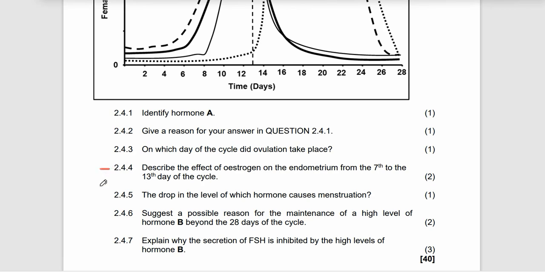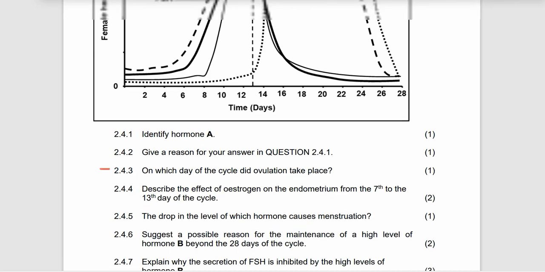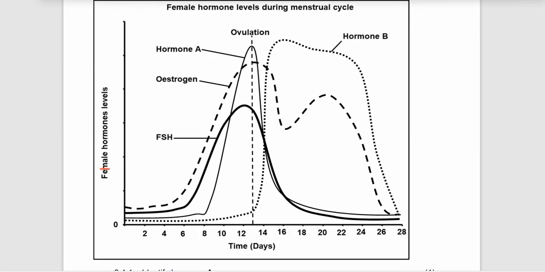Moving to 2.4.4. It says describe the effect of estrogen on the endometrium wall from the 7th to the 13th day of the cycle. Basically, the question asks what estrogen is responsible for. Normally estrogen is secreted on those days, from day 7 up until day 13.